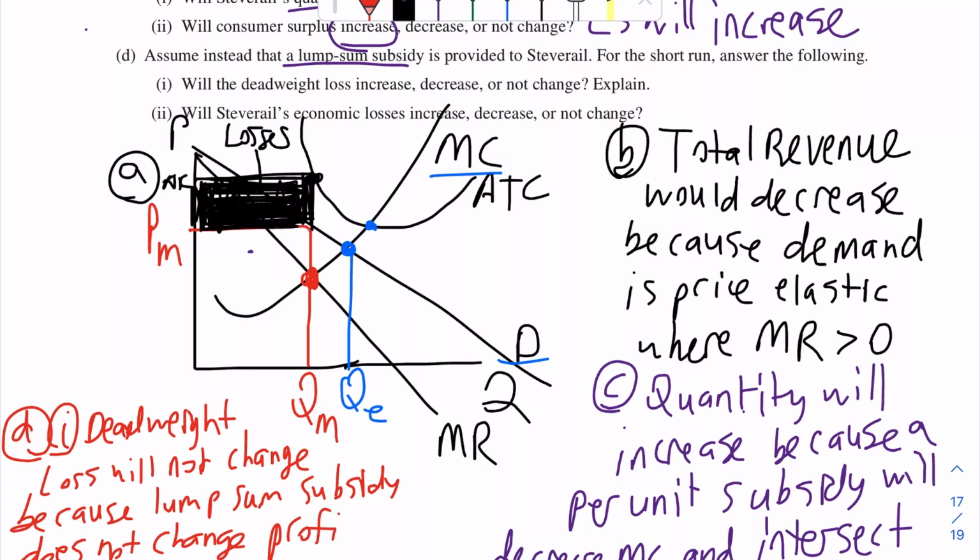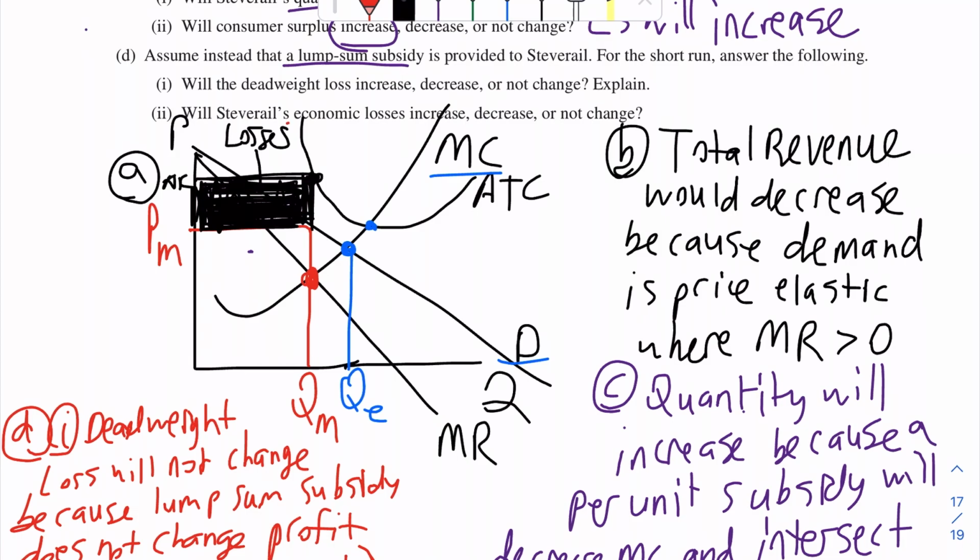We did not change your marginal cost or your marginal revenue, so therefore we did not change your profit max quantity. The only thing that changes your marginal cost is a per unit subsidy. A lump sum subsidy will not change your marginal cost.